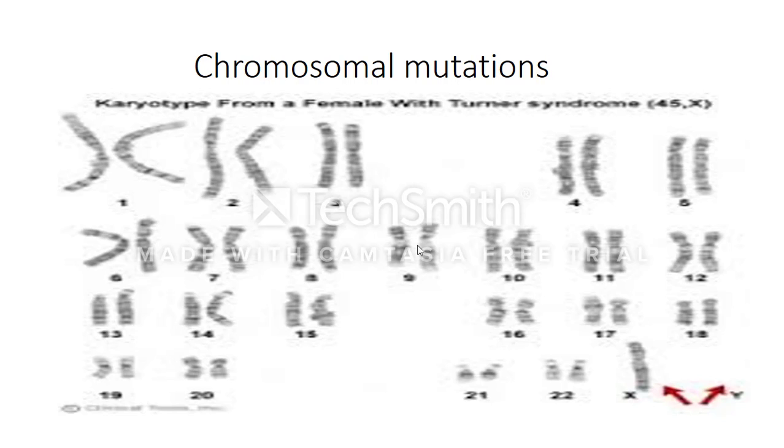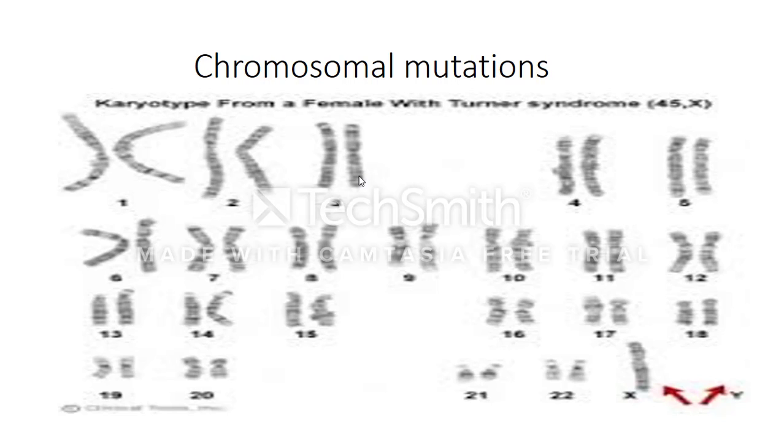We classify these mutations as numerical, which is a rearrangement of entire chromosomes or genomes, or structural, which is a rearrangement of genes in a chromosome. A little example here: structural would be, let's say, genes from here, and in such a case, one thing might occur where genes, through crossing over, some genes here may end up on this chromosome here, just through crossing over and many events in the stages of meiosis.